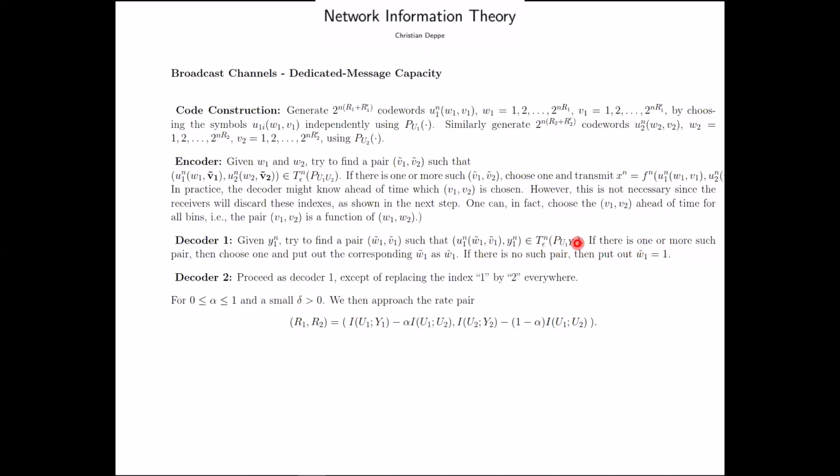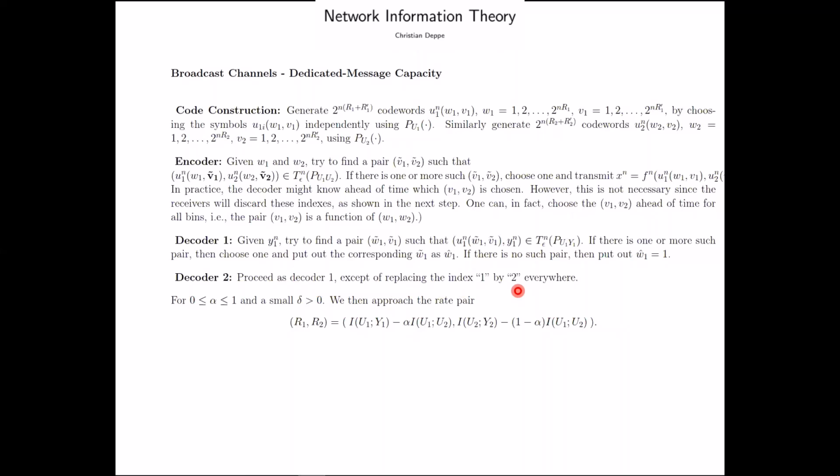If there is one or more such ones, then choose one and put the corresponding W1 tilde as W1 hat. If there is none, then we have an error and we just put out W1 hat equal to 1. Of course, decoder 2 can proceed as decoder 1, except here we have to replace index 1 by 2 everywhere.